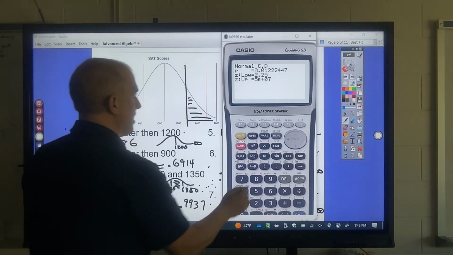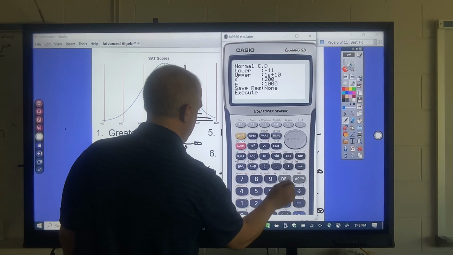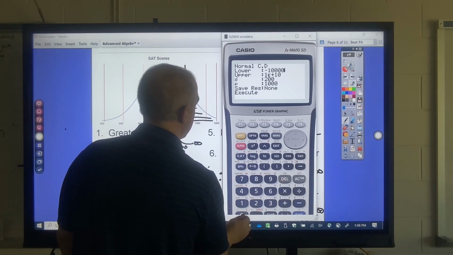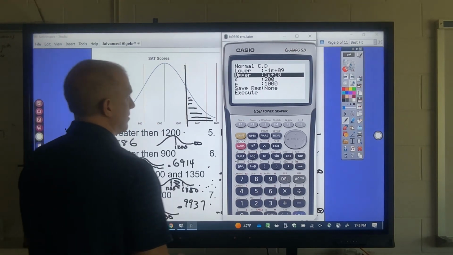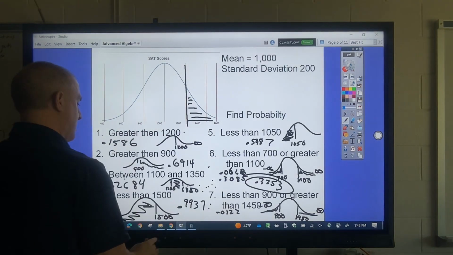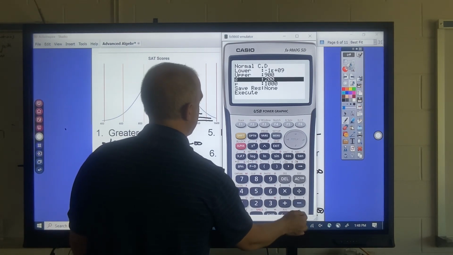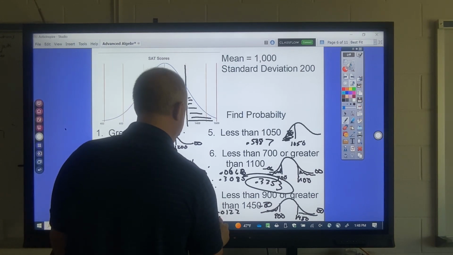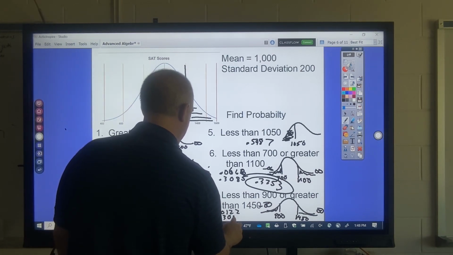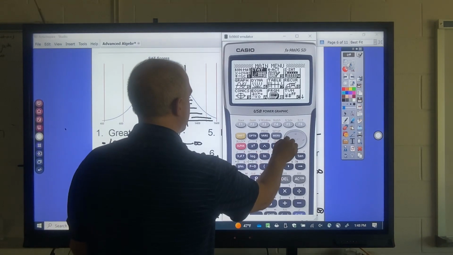Okay, and then I'm going to switch that up and put negative 1,000, with the upper being 900. All right, 0.0385. Well, that's weird. That was exactly that same thing. Okay, so I would want to add those two.